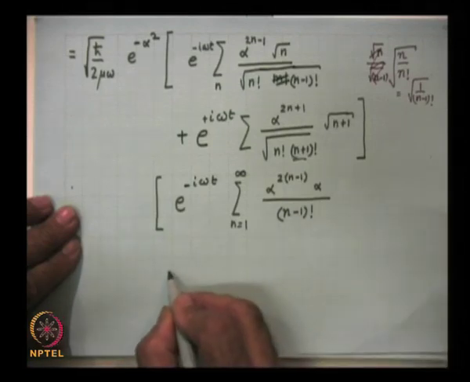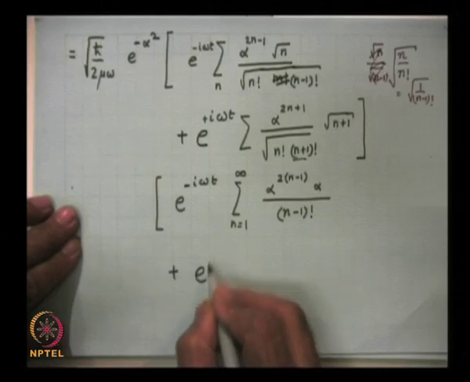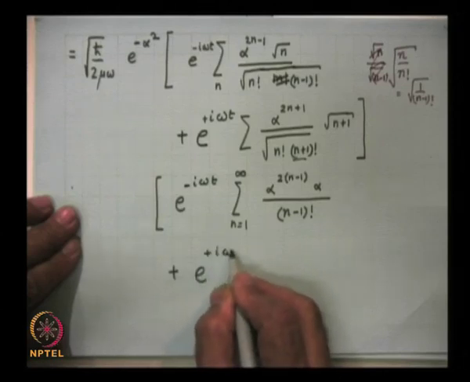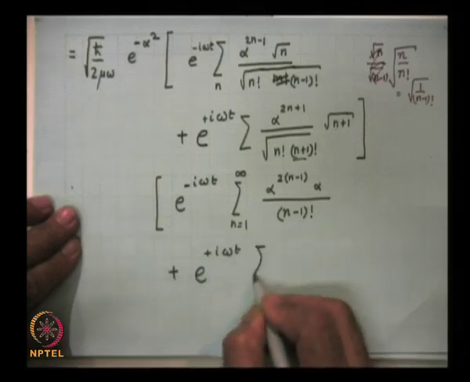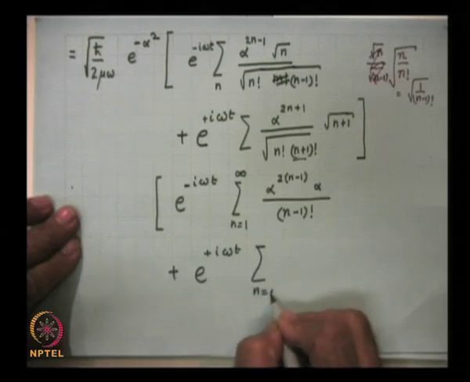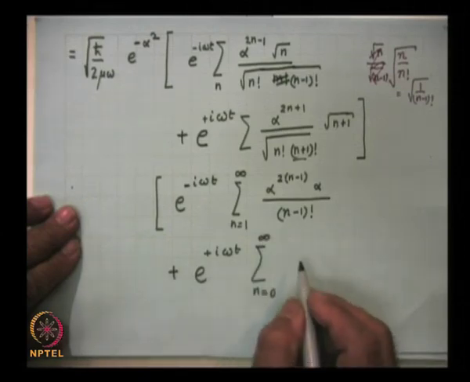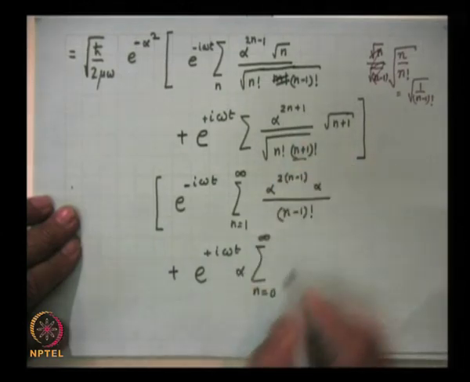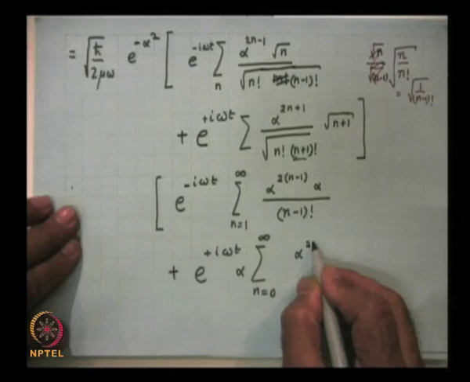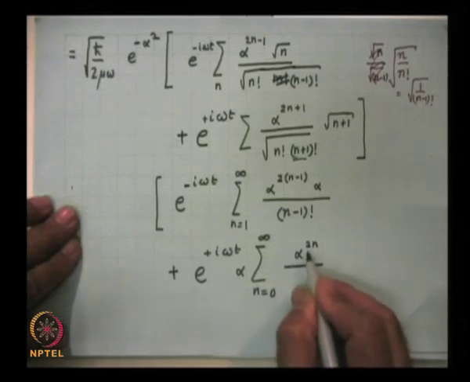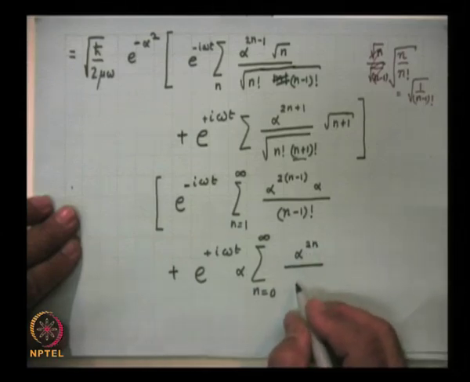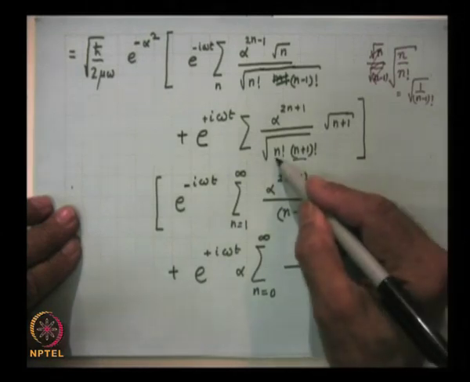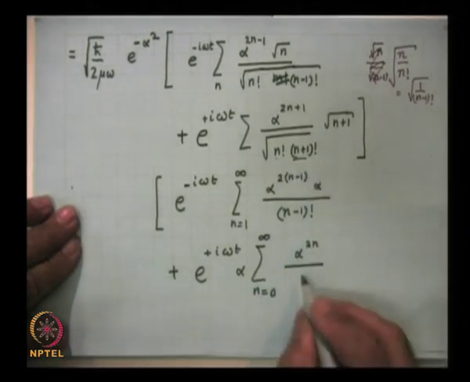plus the second term will be e to the power of plus i omega t, summation n equal to 0 to infinity. If I take the alpha outside, I get alpha here, alpha to the power of 2n, so alpha square raised to the power of n, divided by n factorial times n factorial. So, just n factorial.